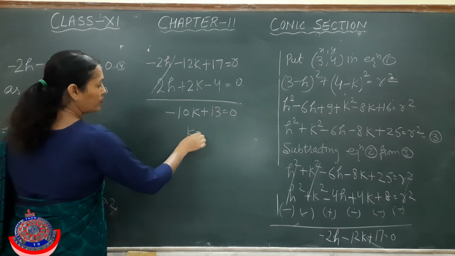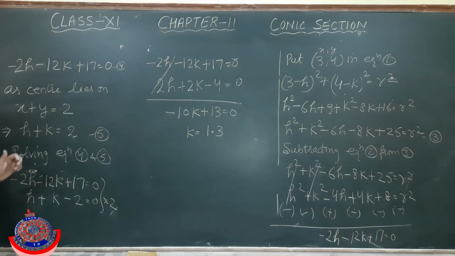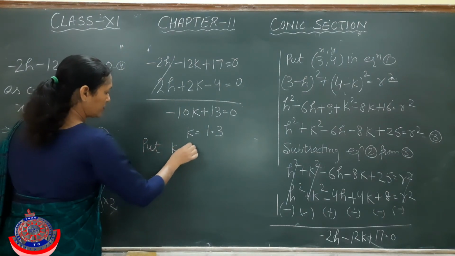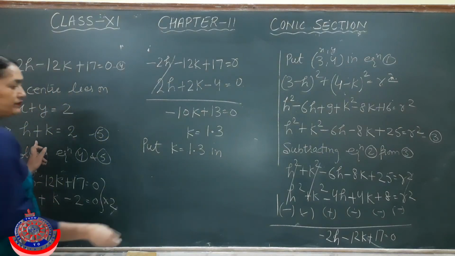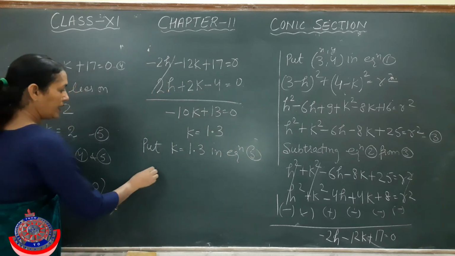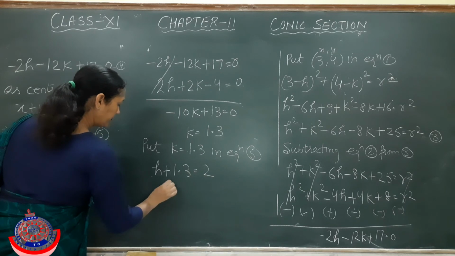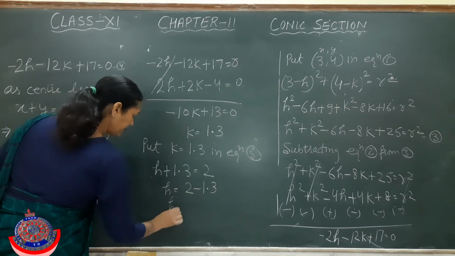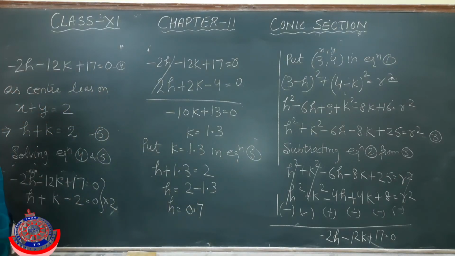So k will come out to be 1.3. Now put the value of k. Suppose we are putting in equation number 5, we are having h plus 1.3 is equal to 2. So h will come out to 2 minus 1.3 means 0.7. So h and k we have obtained.